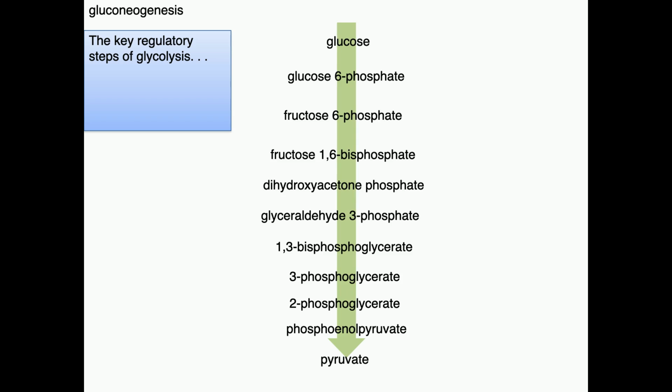Okay, if we can just review glycolysis. The key regulatory steps in glycolysis are, of course, phosphofructokinase 1, which has allosteric regulation: activated by AMP and fructose 2,6-bisphosphate, inhibited by ATP, and I think I might be forgetting one. Anyways, we've got allosteric regulation at this step.